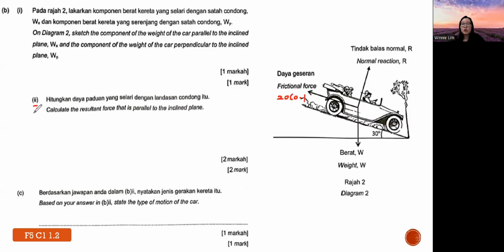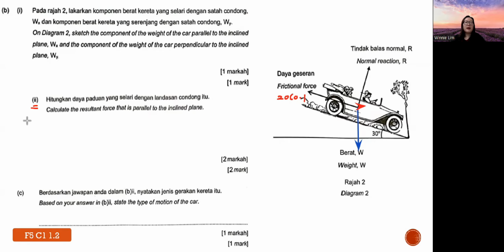Now teacher shows you how you resolve a force. Generally, in Form 4 when we resolve a force, we resolve it with that angle. But in the inclined plane context, I always tell students we are resolving the weight. To draw the forces which are perpendicular to each other, firstly you draw one parallel to the plane.